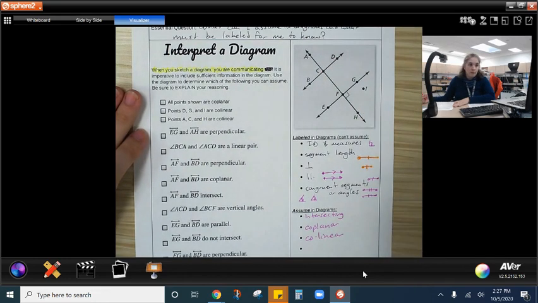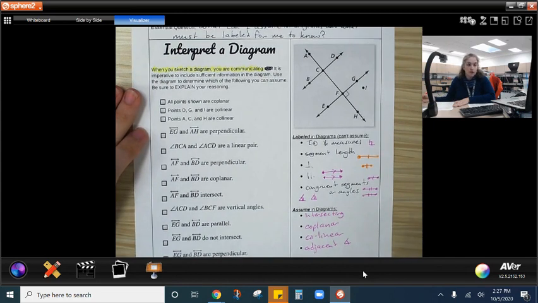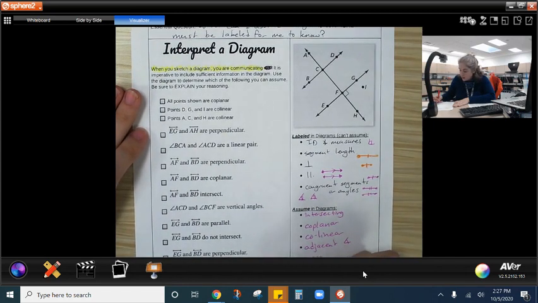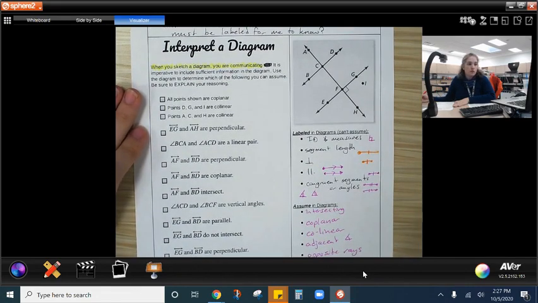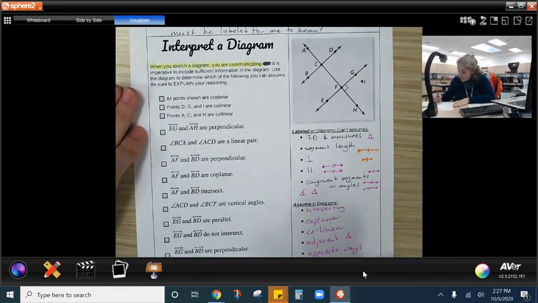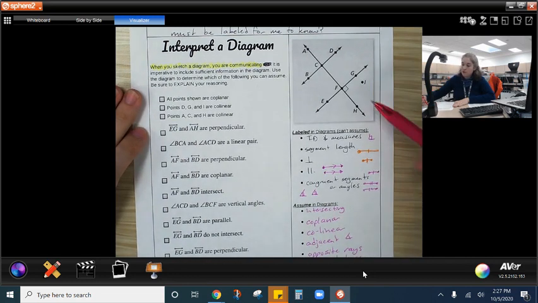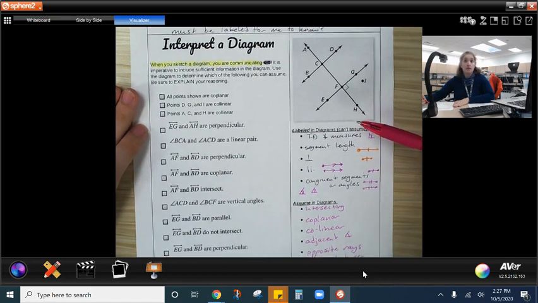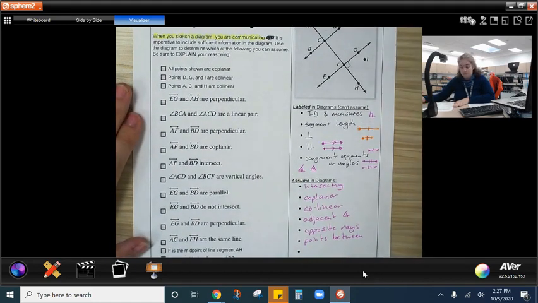We can assume adjacent angles. We can look at it and see that they are adjacent. We can assume opposite rays. We can assume points that are between other points. For example, F is between C and H. Now I don't know that it's the midpoint, but I do know it's between them.